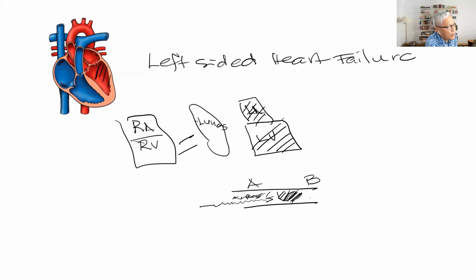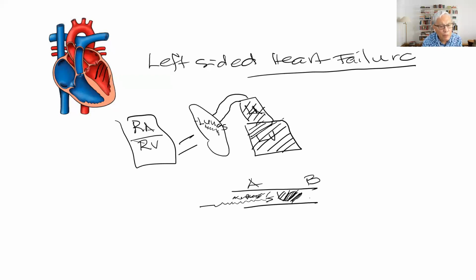So look at the illustration over here. When the left side is going to be failing, therefore, the traffic is going to be congested right in the lungs. So in left-sided heart failure, the majority of your symptoms are always going to be pulmonary in manifestation.